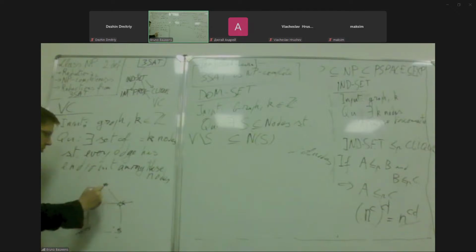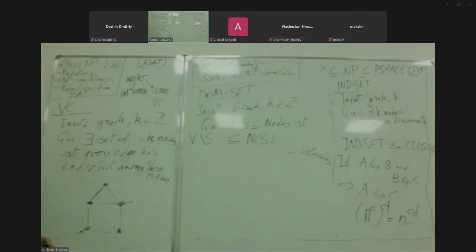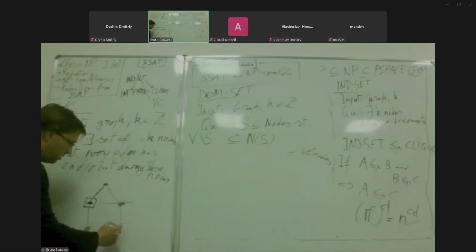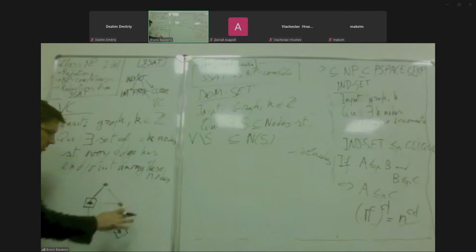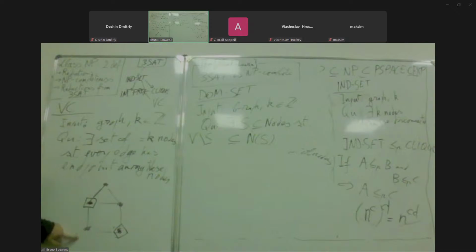Can we choose one node so that every node neighbors it? No. Maybe 2? Can we have 2? Yes, this one and this one. And so every node that's not selected has a neighbor selected.